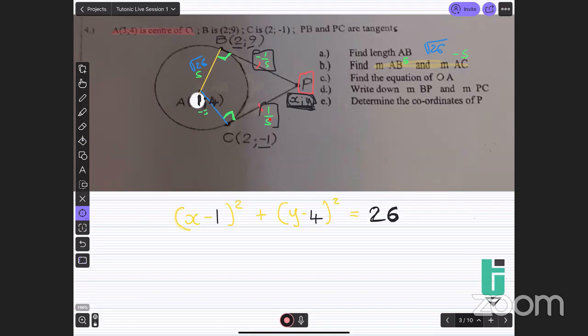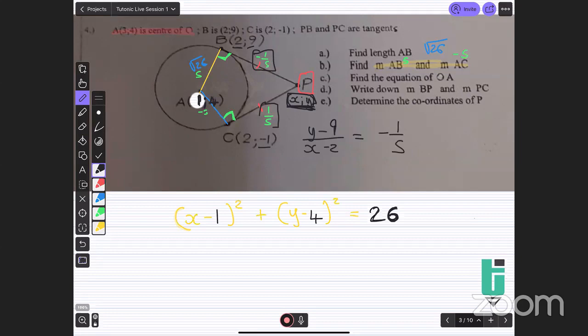There's nothing wrong with doing the distance, but because they gave us the gradients, if we find the gradient of BP, it becomes (y minus 9) over (x minus 2), and we know that's equal to minus a fifth.